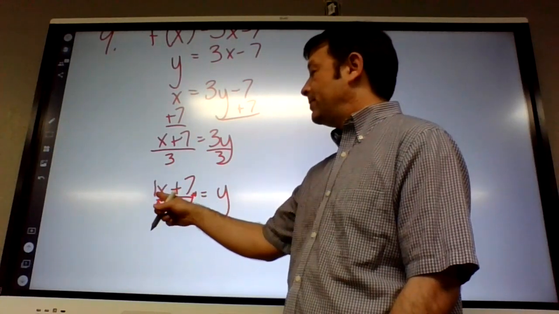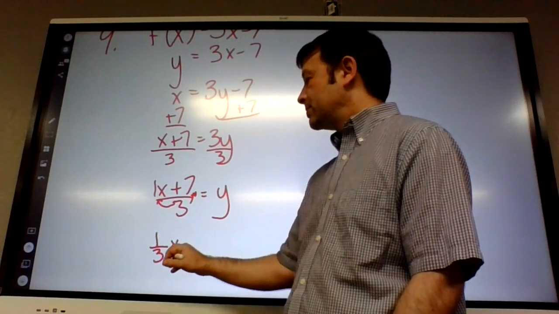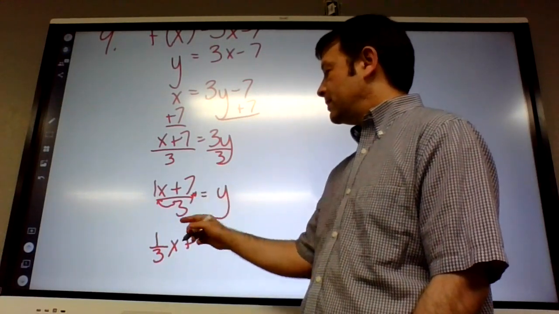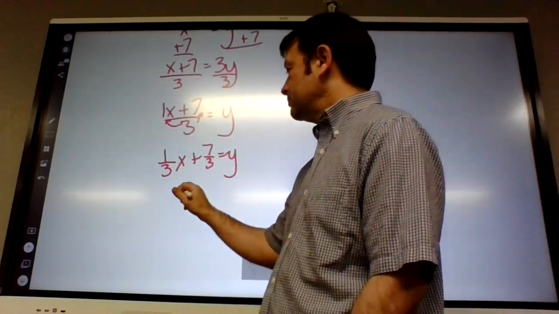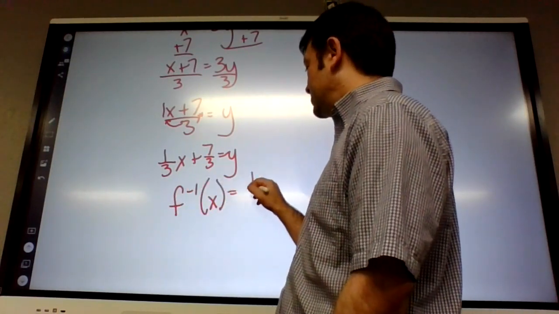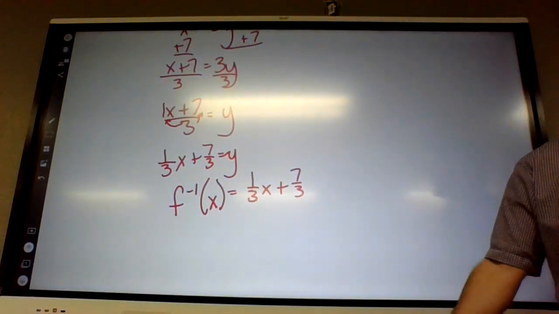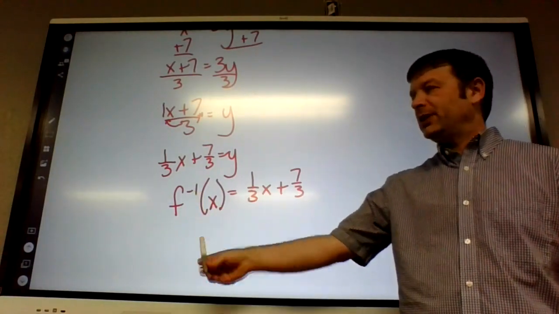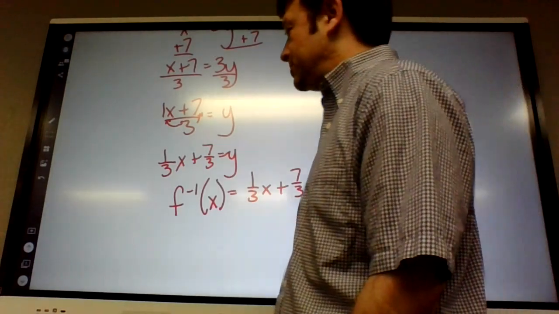So x divided by 3 is 1/3 x, plus 7 divided by 3, 7/3. Because I want it in slope-intercept form. So basically the inverse function is 1/3 x plus 7/3. That was the notation for the inverse function, a little -1 right there. To the graph, to the Batmobile. 1/3 x plus 7/3.